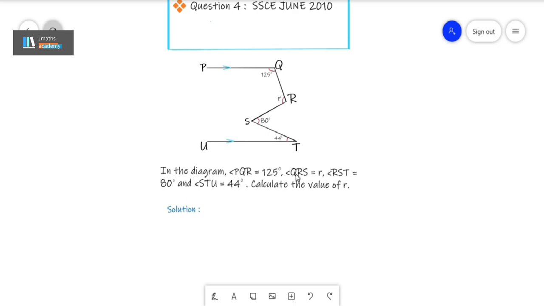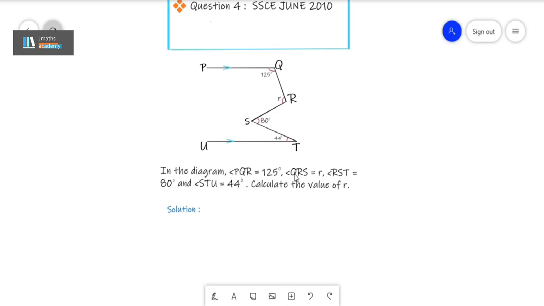We have angle QRS to be equal to R, and angle RST to be equal to 80 degrees, and lastly we have angle STU to be equal to 44 degrees. So we are asked to calculate the value of R.